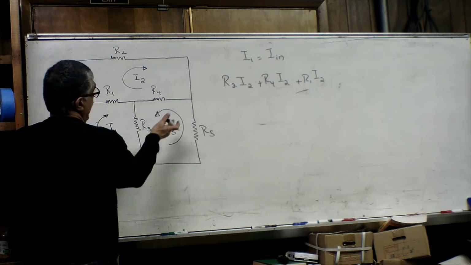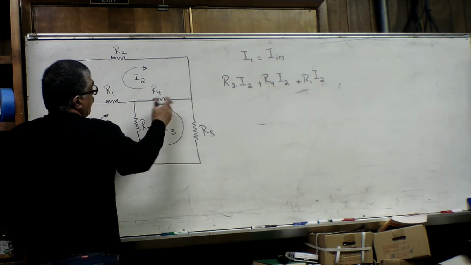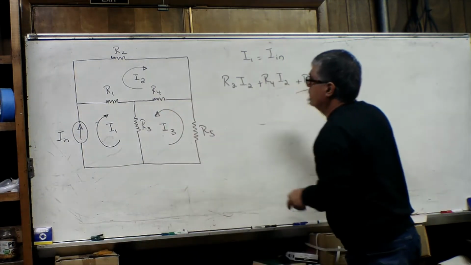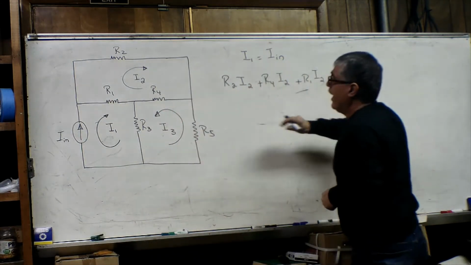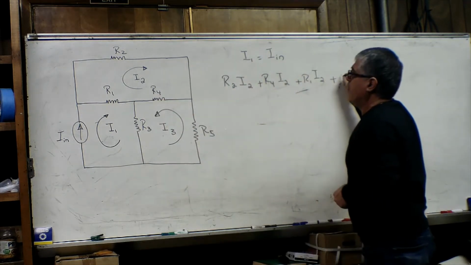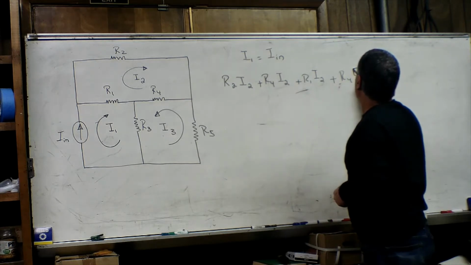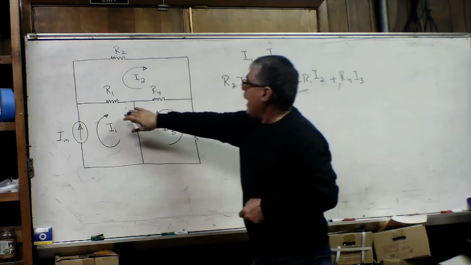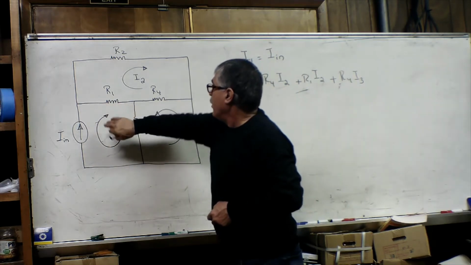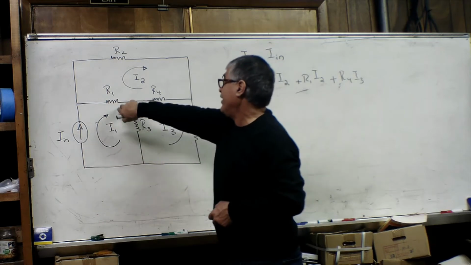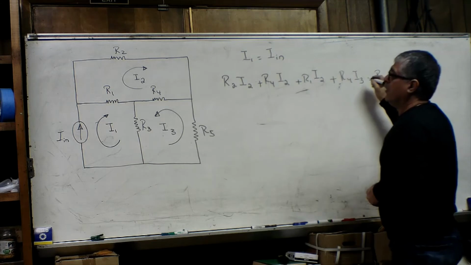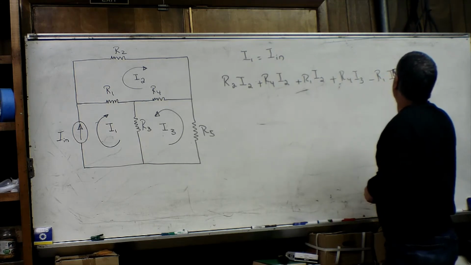Then we are going to have a voltage by I3 on R4, and it is in the same direction, so it will be positive R4 I3. And last, we are going to have I1 R1, but in a different direction, so minus R1 I1 equal to 0.